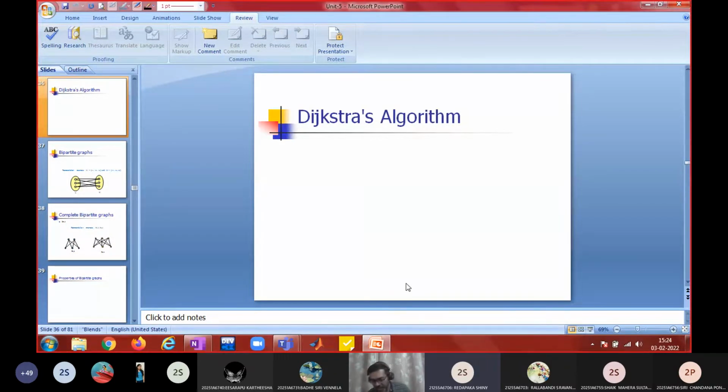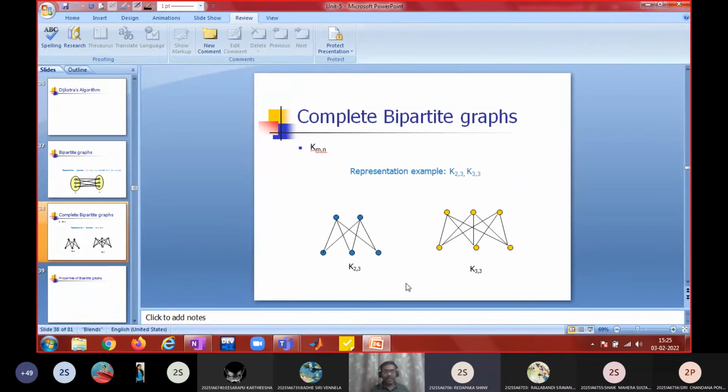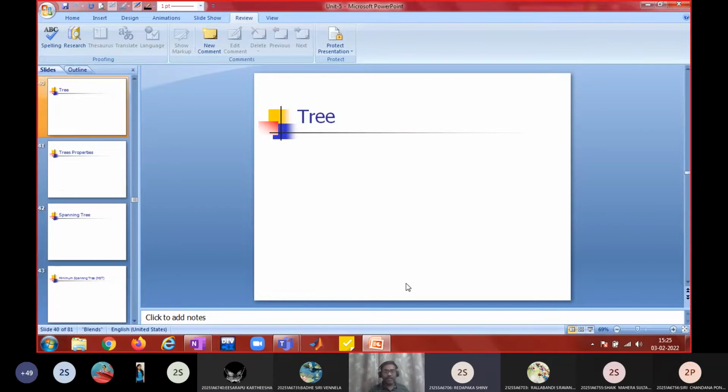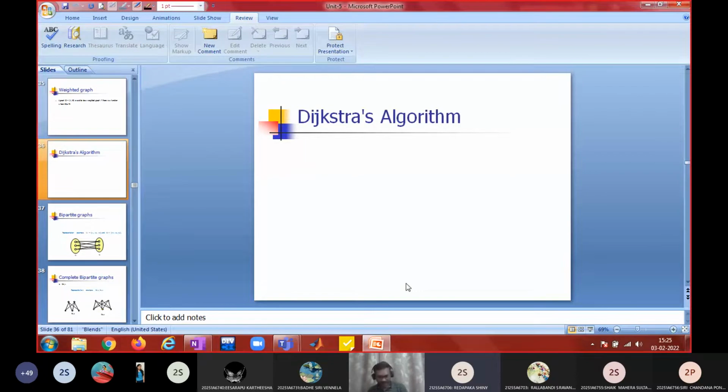It tells how to compute the shortest distance from one node to all the remaining nodes in the graph. I'll come back to bipartite graph. So what is this Dijkstra's algorithm? I will demonstrate with an example.